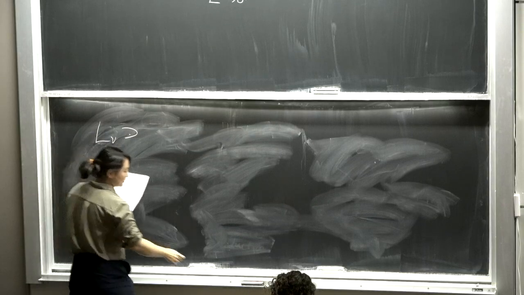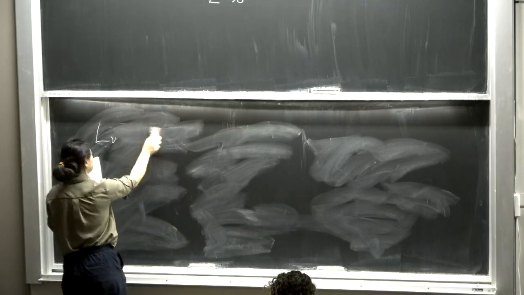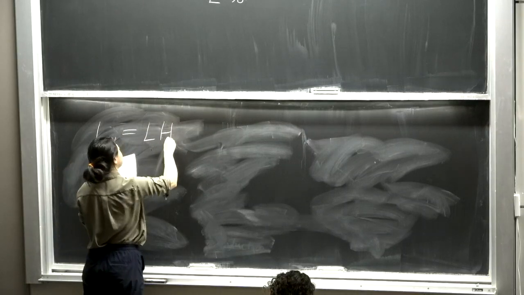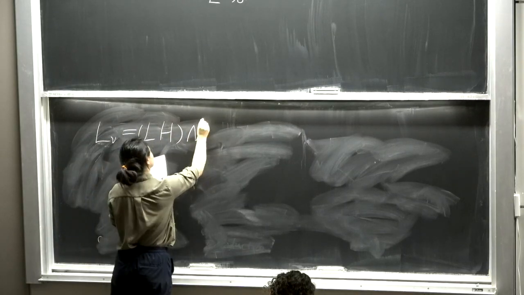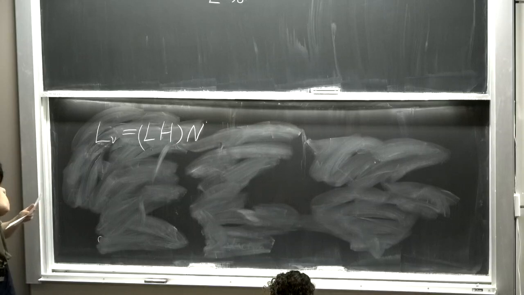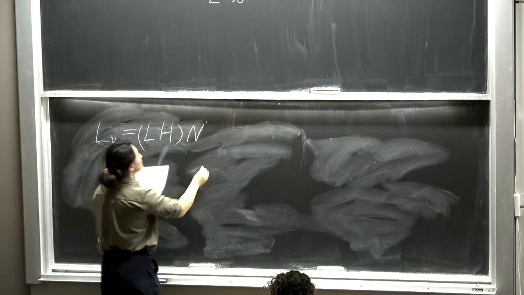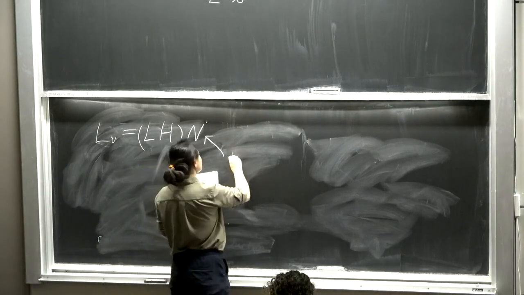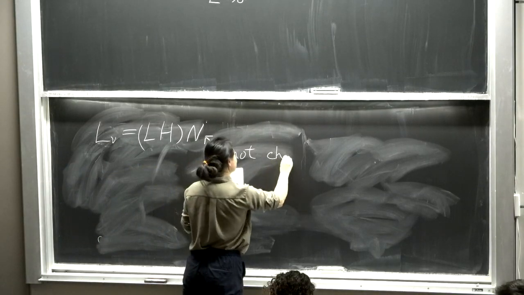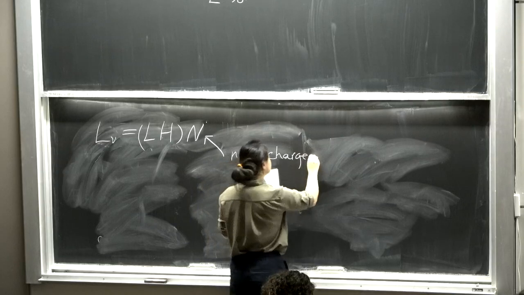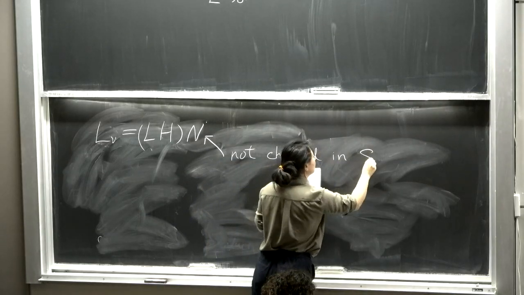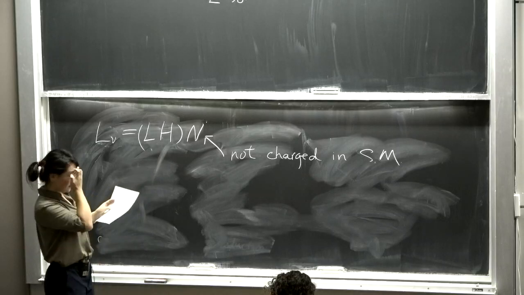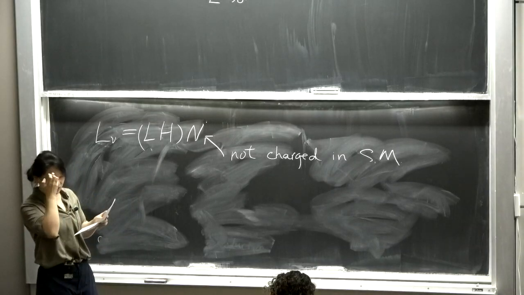So we could have a term, and the simplest thing to do is a Dirac mass. And this would be something not coupled to Z, so not charged in the standard model, and still oscillate to neutrinos, hence the name sterile neutrinos.